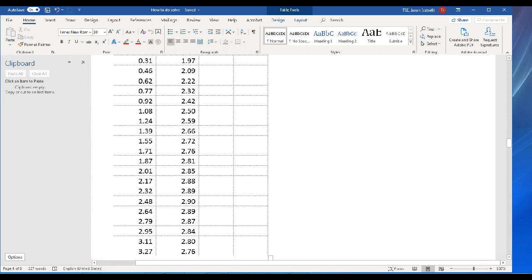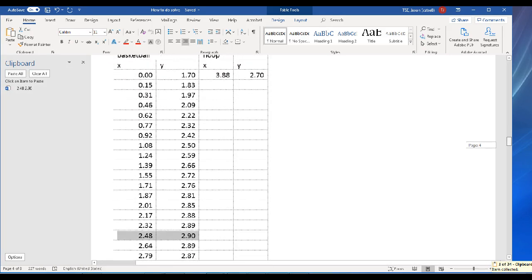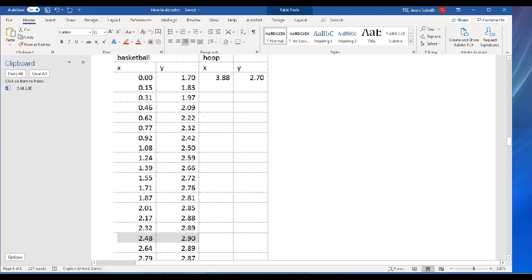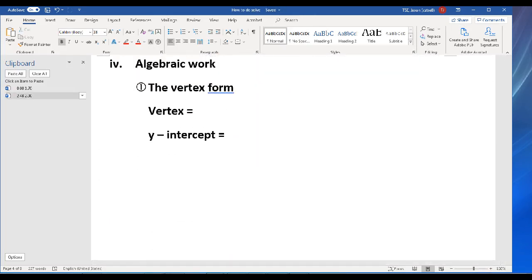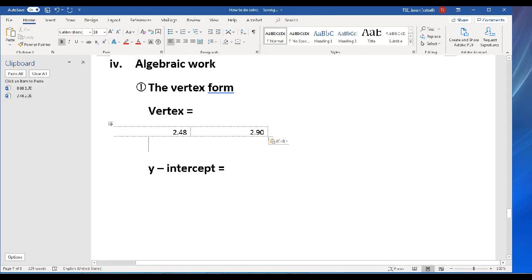Which data gives you the greatest y? It seems this one. Let's copy the data. And you also need to get the y-intercept. So here's the y-intercept. Let's go back to here. So the vertex is these two.